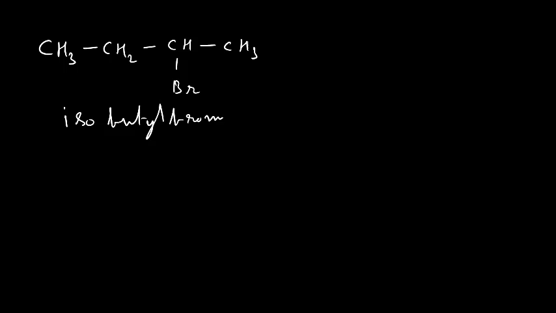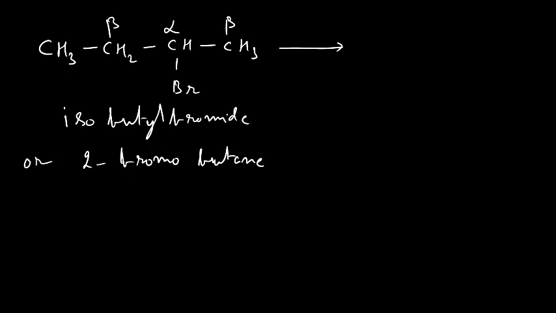Isobutyl bromide, or what is the IUPAC name? 2-bromobutane. Now this is the alpha carbon. To this alpha carbon, 2 more carbon atoms are attached. The carbons attached to the alpha carbon are referred to as beta carbons. So this is one beta carbon, this is one beta carbon.